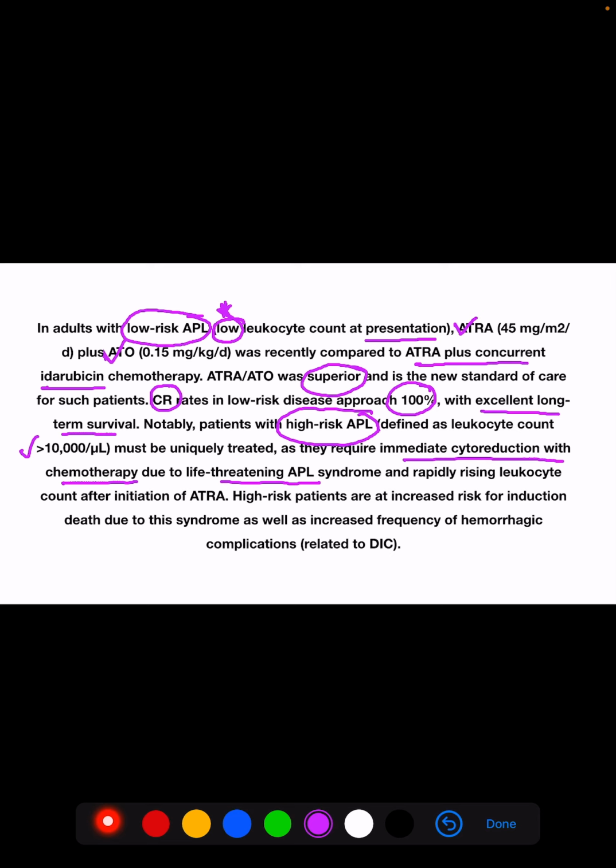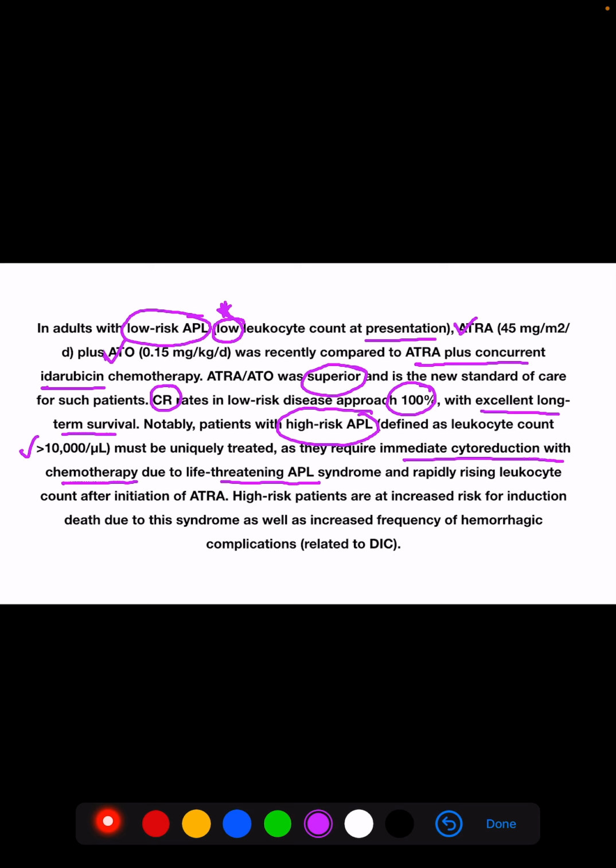They should be uniquely treated because, instead of giving all-trans retinoic acid and arsenic trioxide, they require immediate cytoreduction with chemotherapy. Because if we give all-trans retinoic acid, it will cause a rapidly rising leukocyte count.